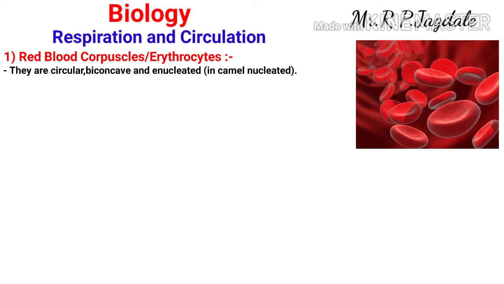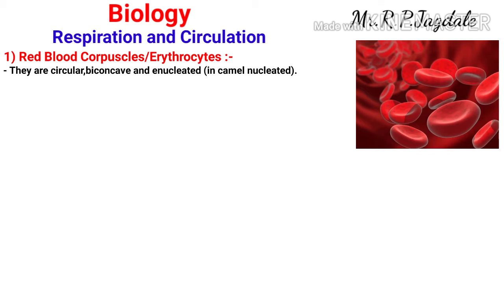Remember, students, that RBCs are the cells in the human body which lack the nucleus. But in the case of camel, the RBCs are nucleated.